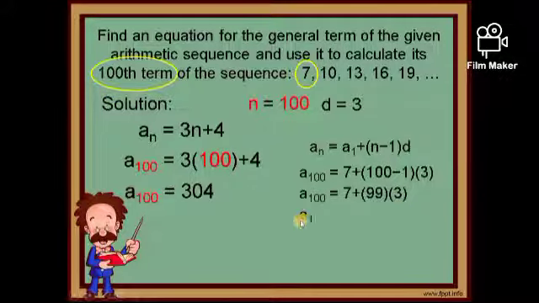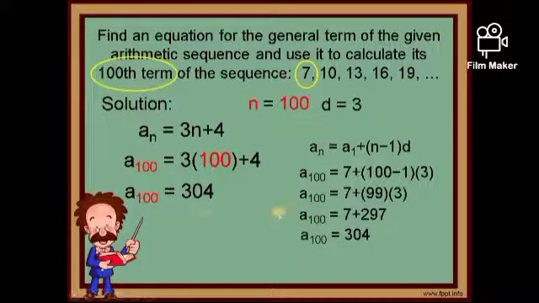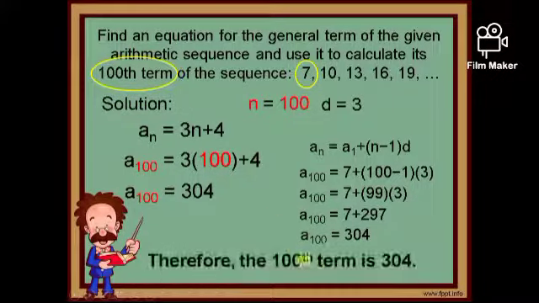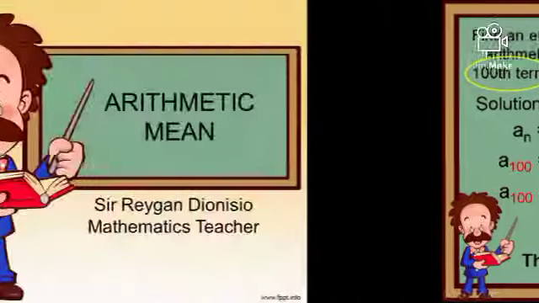Simplify again. a sub 100 equals 7 plus 99 times 3, which is 297, plus 7 will give us 304. So two solutions give us the same answer, 304. Therefore, the 100th term of this sequence is 304.